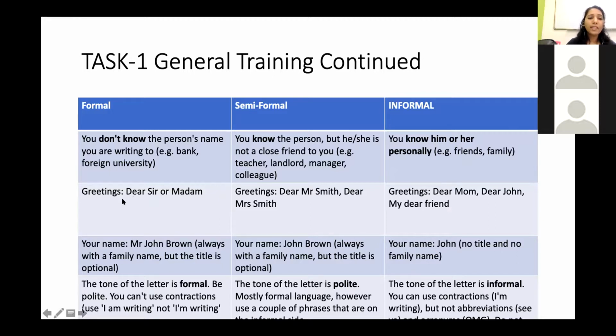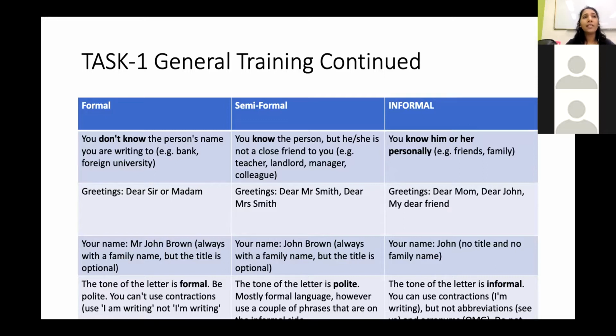Your greetings, or how you address the person that you're writing to, are important. If you're writing a formal letter, it is to a person that you have no idea who you're writing to. It could be a job application and you do not know their name. It could be a letter of complaint, and you don't know who you're addressing.